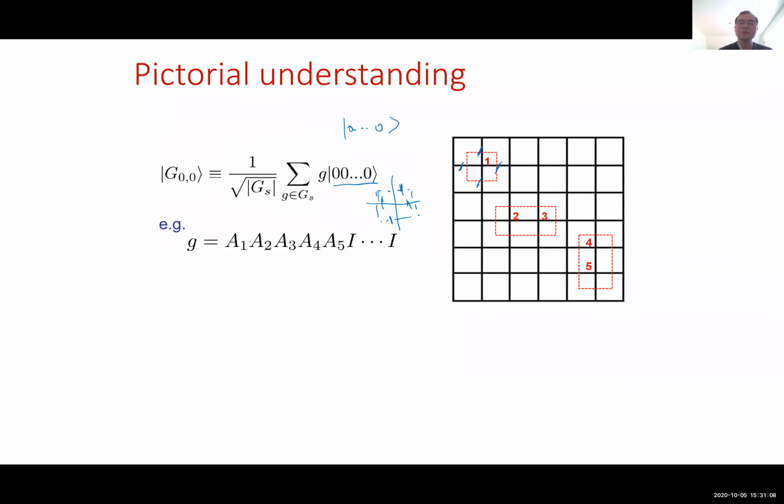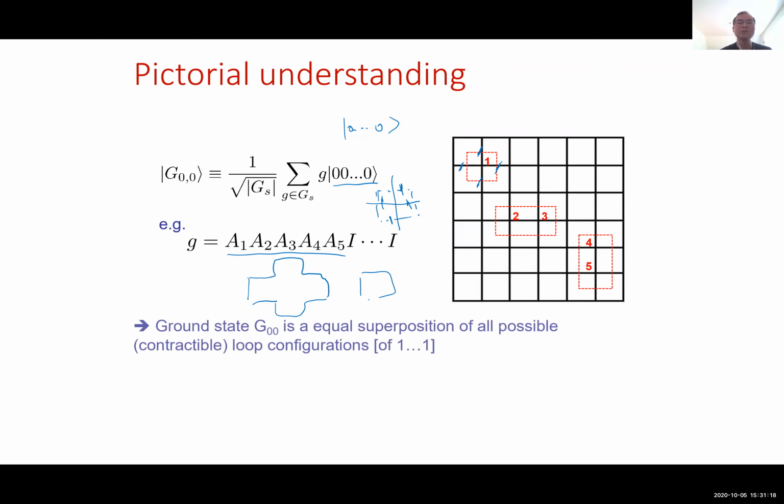So for example, there's one like this. These are maybe bigger loops, etc. Maybe some other small loops, etc. So the ground state G00 that I denoted is really an equal superposition of all possible loops, and these loops are contractible.